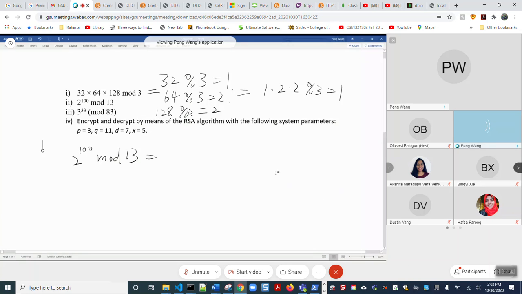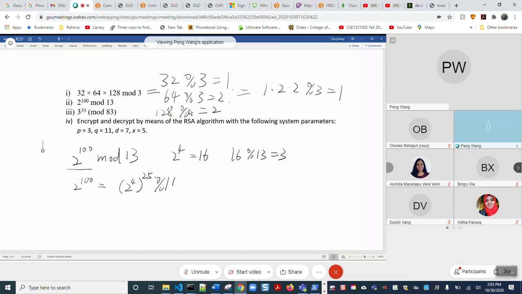At first, we need to notice that 2 power 4 equals 16, and 16 mod 13 equals 3. And 2 power 100 equals 2 power 4 to the power 25. And we mod 13, then we know it equals 3 power 25 mod 13.